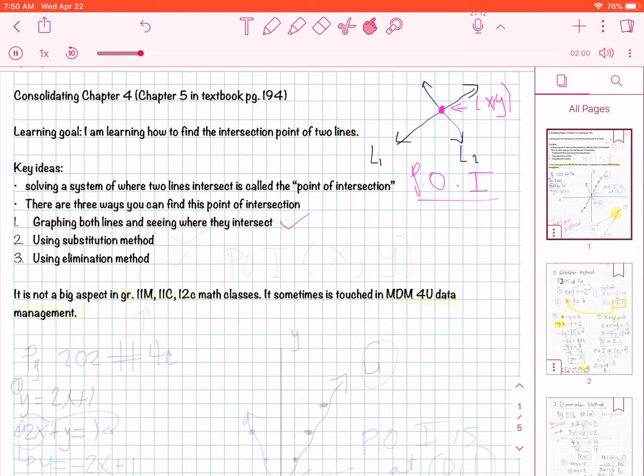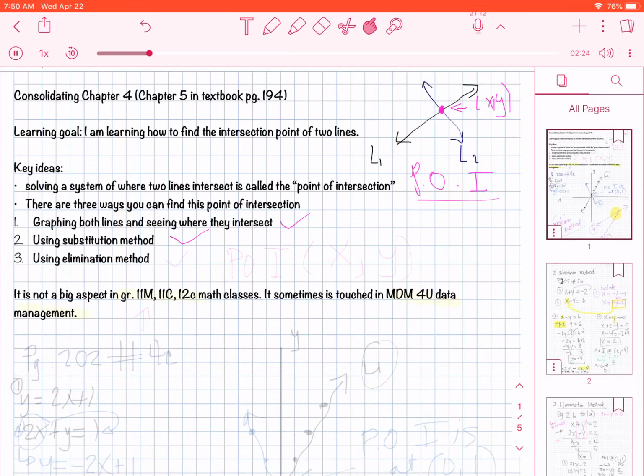The two newer ways are taught in the grade 10 program. The first is substitution. With substitution, you use algebraic steps to help you find where that point of intersection is, using a cut and paste method. I'll show you how to do that. The modules go through what that looks like. And then there's also an elimination method.